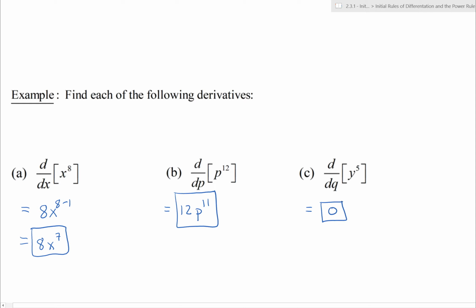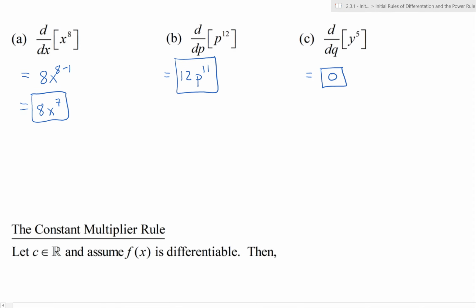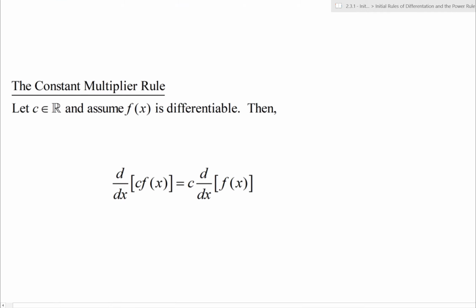So there's a few quick examples of using the power rule. But there's other stuff here we got to talk about in this video. One being the constant multiplier rule. And so let's just suppose we got a real constant c, and we have a function f of x that is assumed to be differentiable, meaning we can find the derivative of it.